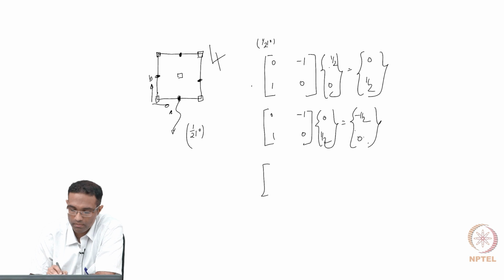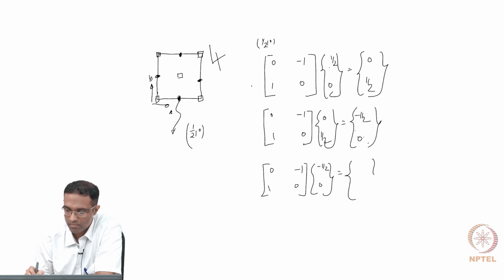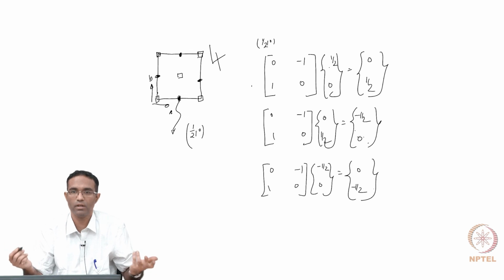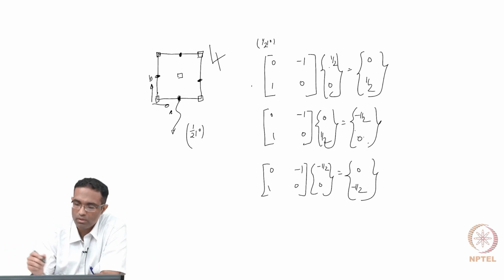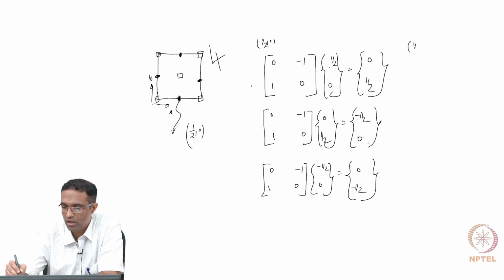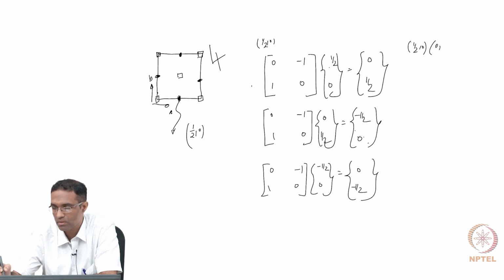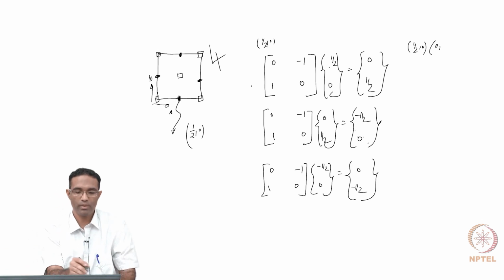Now, you do one more time. A good question is to see whether these points are actually different or not. So you started off with half comma 0, and you got 0 comma half, then minus half comma 0, and then another one which is 0 comma minus half.